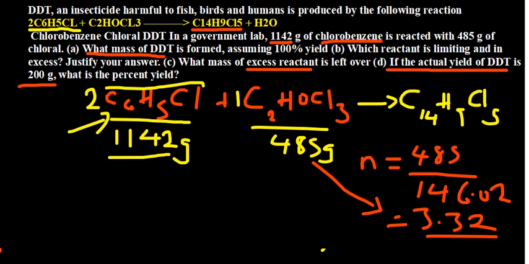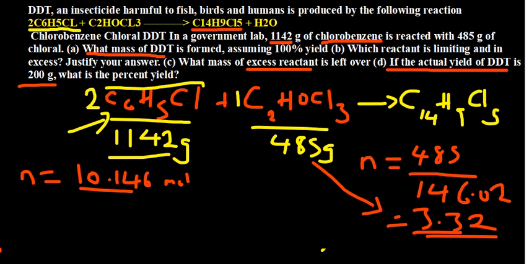We've determined the number of moles of chloro that are available in this reaction. Don't forget that we've also determined the number of moles of chlorobenzene to be 10.146. These are the moles of chlorobenzene that are available, and these are the number of moles of chloro that are available.